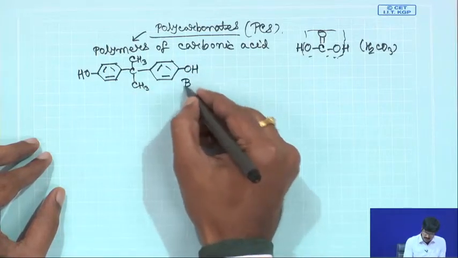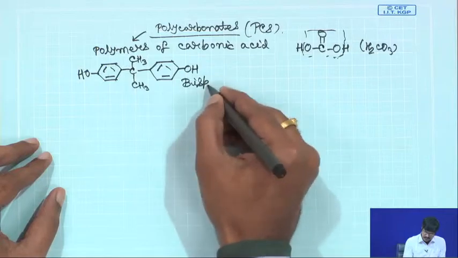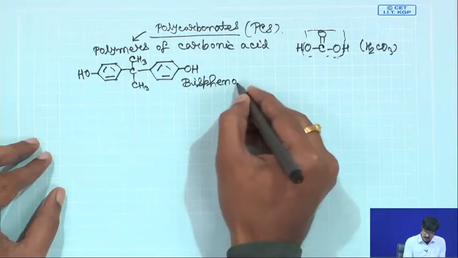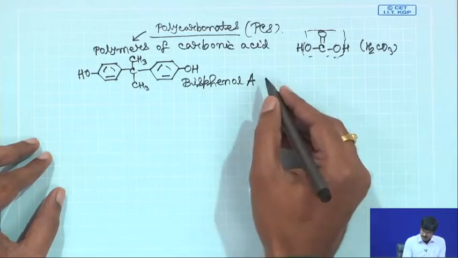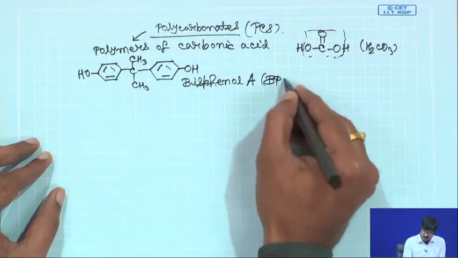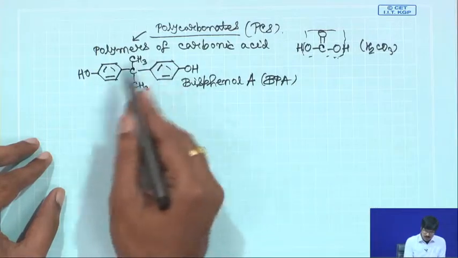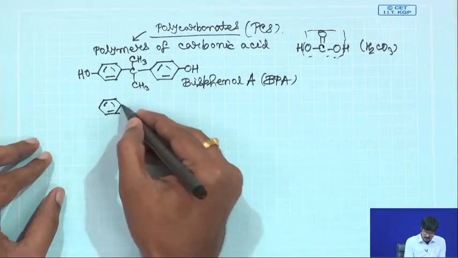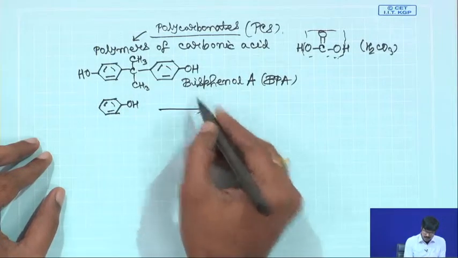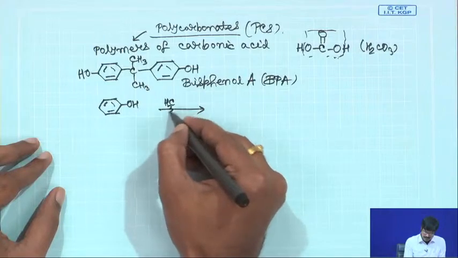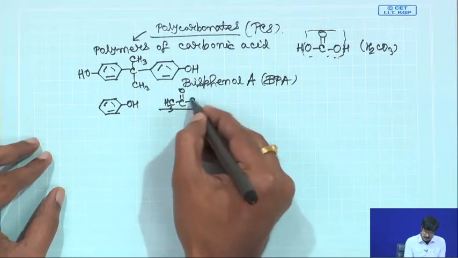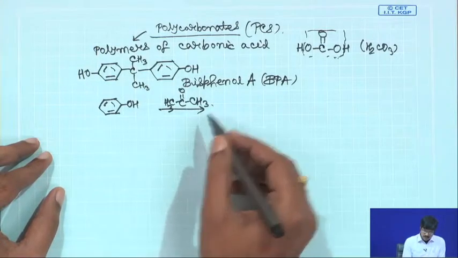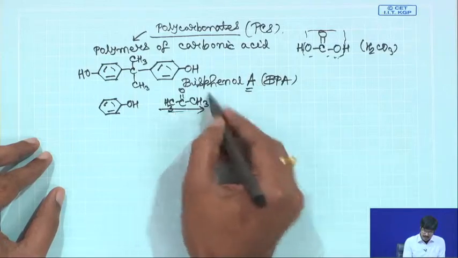So, this is your bisphenol A or BPA, you can also tell. So, basically this is prepared from the reaction of phenol with acetone. So, this A comes from acetone.